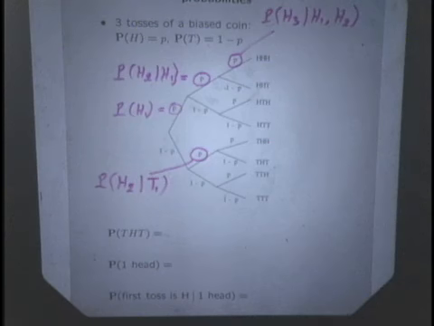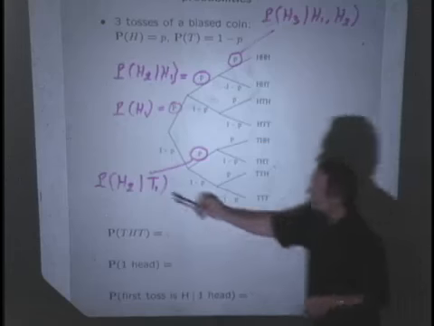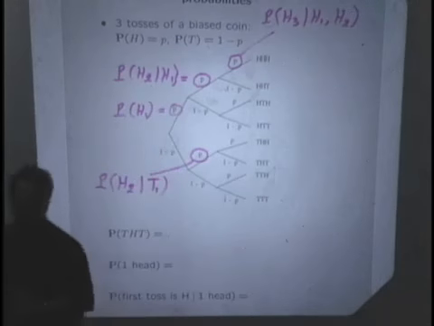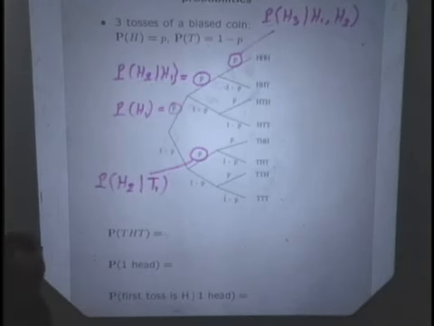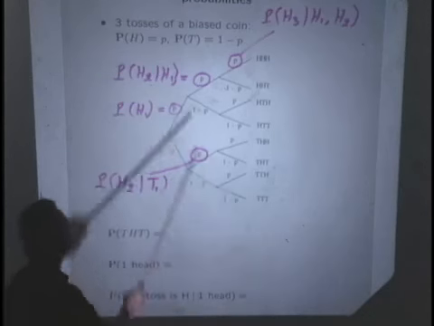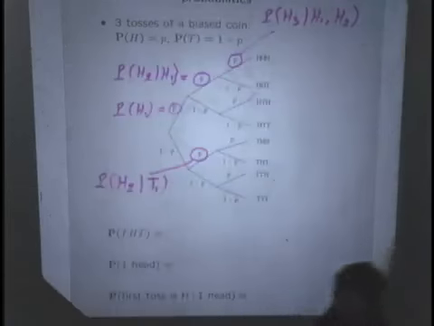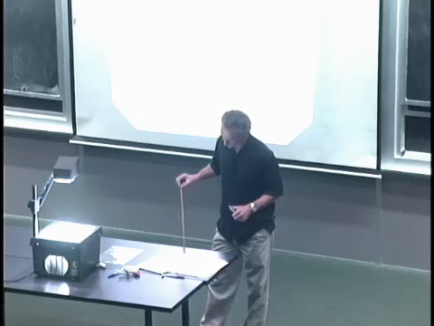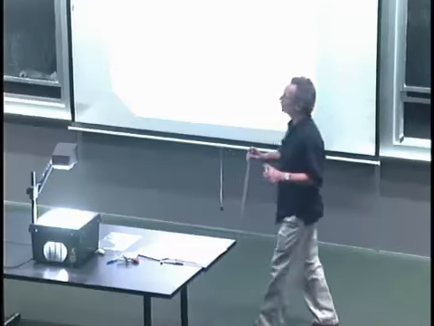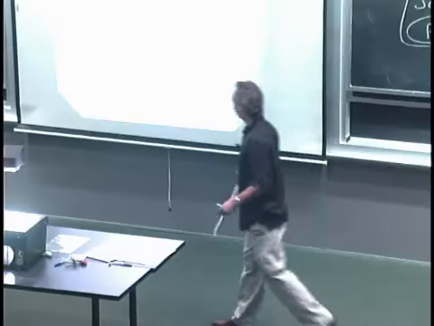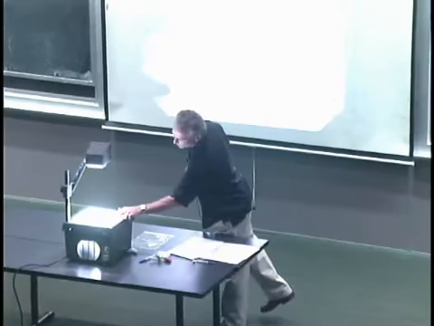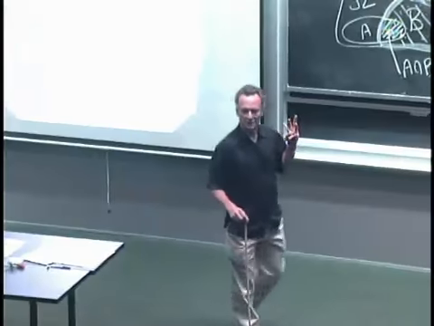So we're assuming that no matter what happened in the first toss, the second toss will still have a conditional probability equal to P. That conditional probability does not depend on what happened in the first toss. And we'll see that this is a very special situation, and that's really the concept of independence that we're going to introduce shortly.